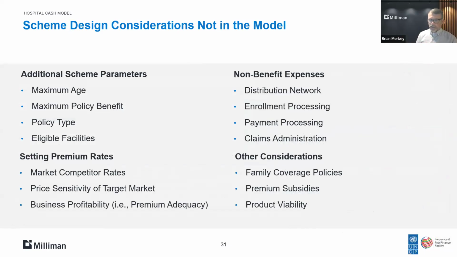Some examples like adding additional elements to the scheme design. For example, maybe you only cover certain facilities as the inpatient stay. Maybe there's a maximum age. These restrictions can be a bit difficult in the microinsurance space, but they are things that might be needed for certain products.